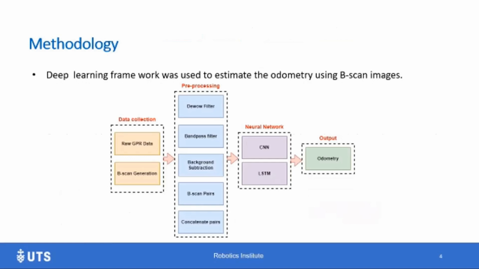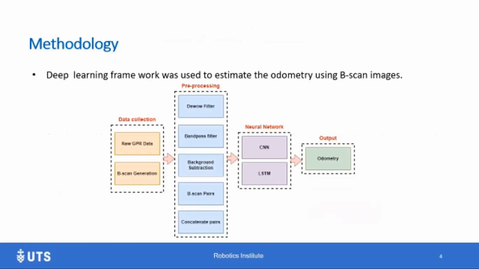In this work, we use a deep learning framework to estimate the odometry using the B-scan images. Before feeding the data into the deep neural network, we have to do some pre-processing. During pre-processing, we do the following steps. We first apply a dewow filter to remove any very low frequency noise, and then we apply a bandpass filter to remove any high frequency noise.